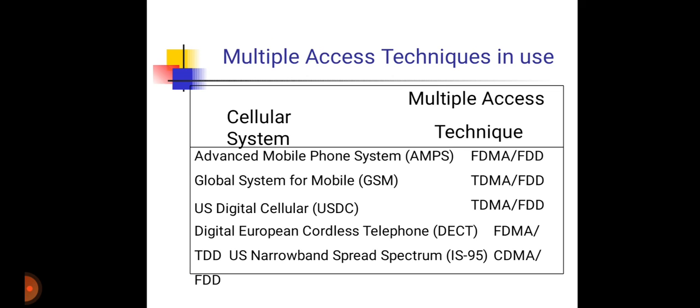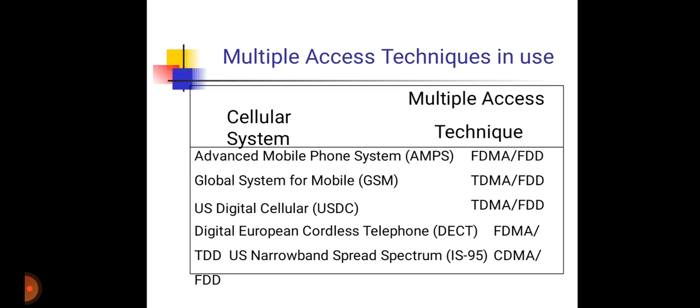The cellular system AMPS uses FDMA or FDD. For GSM, the global system for mobile, it is TDMA or FDD. For US digital cellular, that is USDC, the multiple access technique used is TDMA FDD.